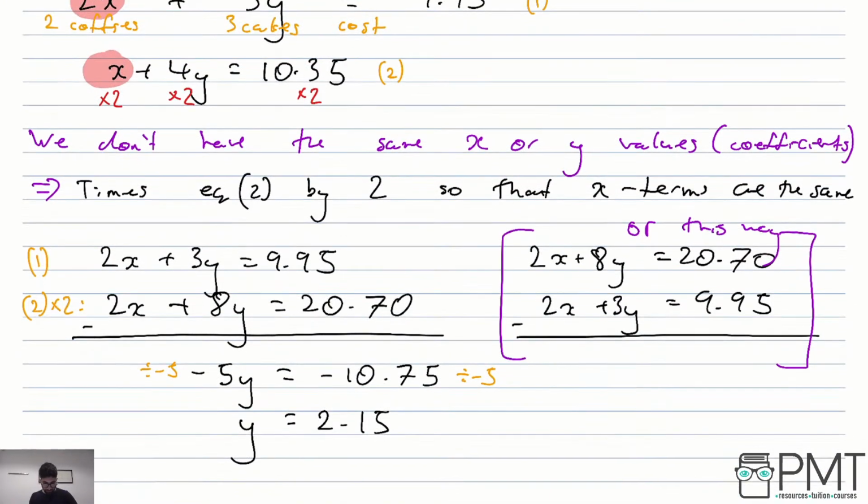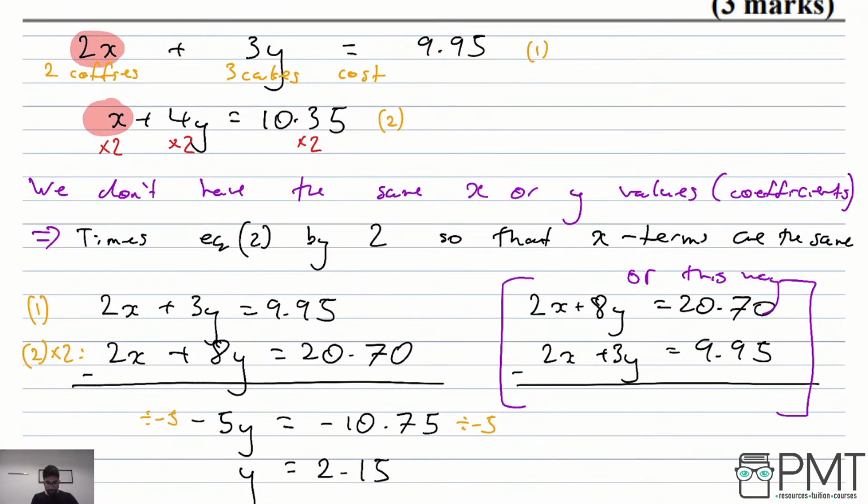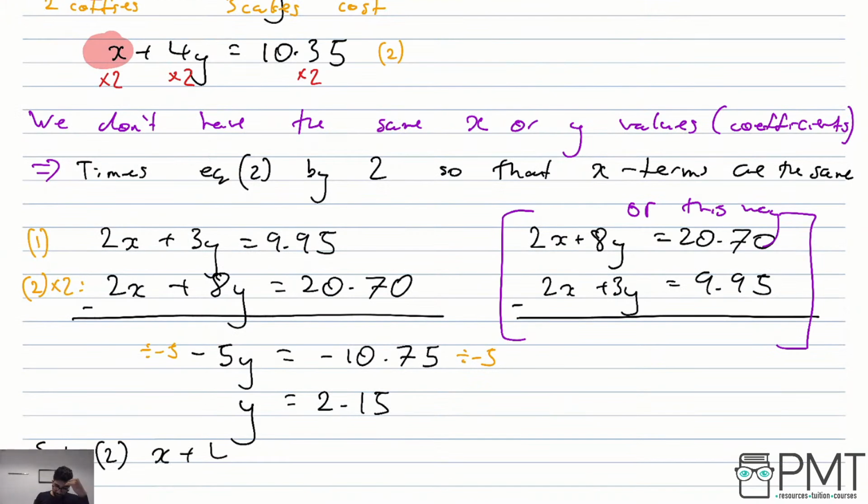You might want to go back to 2 because that's the x is already on its own there. Okay, substitute into number 2. Let's find x there. So we have got x plus 4 times y, 2.15, is equal to 10.35.